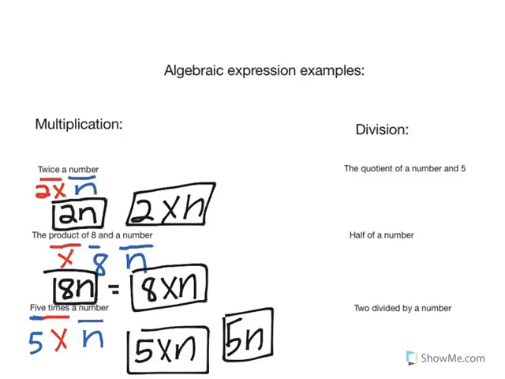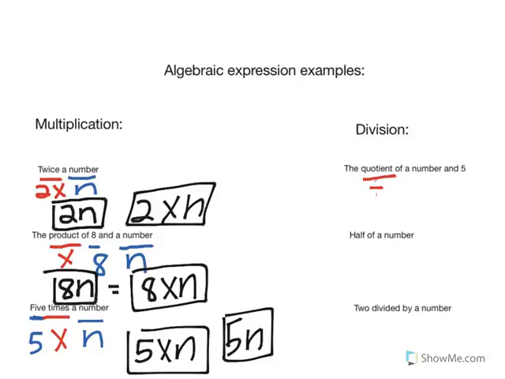Now on to division, which is the last section we need to go over. The quotient of a number and 5. Quotient shows it's division, okay?